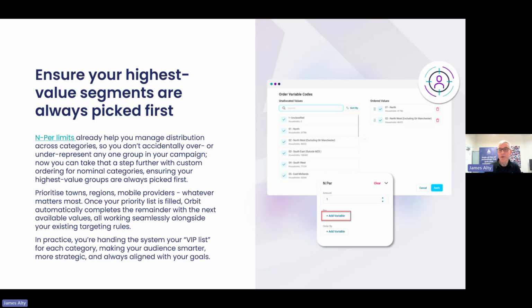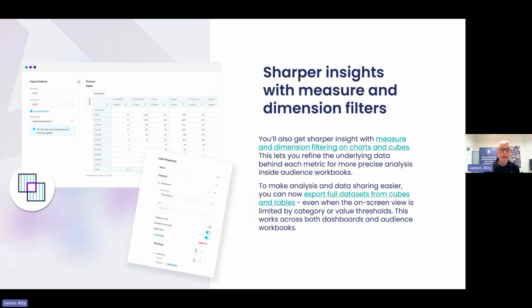So you can pick, in this case, from a region variable by the look of it, and specifying a sequence to pick north and northwest in preference to other regions. So sort of functionality that you may have used in FastStats in the past, now available in Orbit.